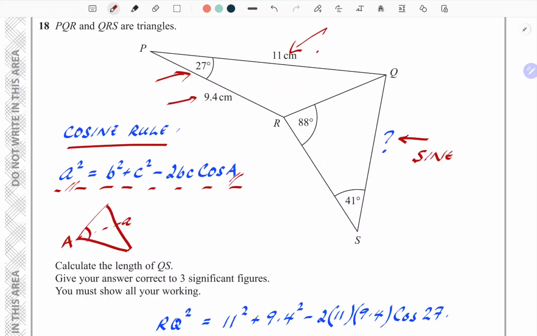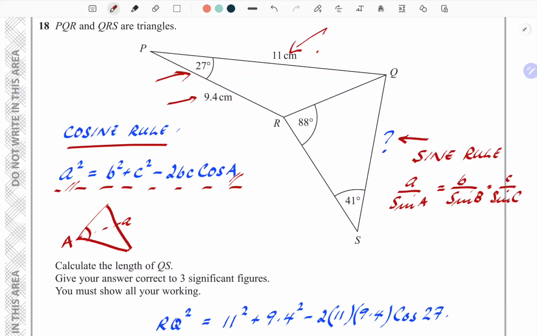And the sine rule, remember, is a over sine A equals b over sine B equals c over sine C, etc.